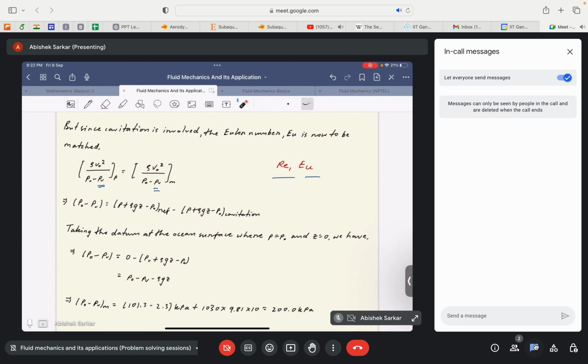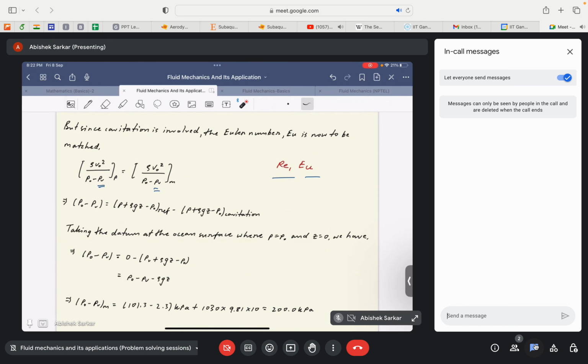So we evaluate this p naught minus pv factor, where p naught can be taken as p plus rho gz minus pv. Here we take the assumption that the datum is the ocean surface, where p is equal to p naught and z equal to 0.